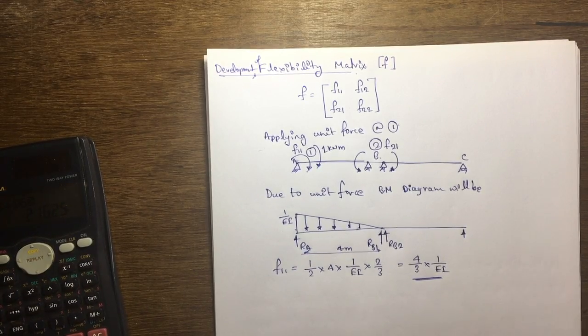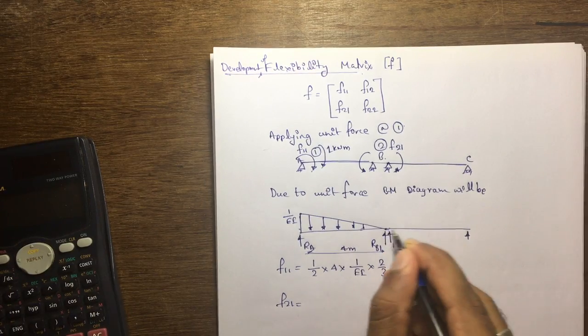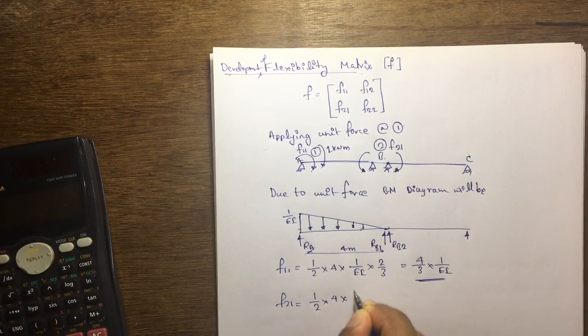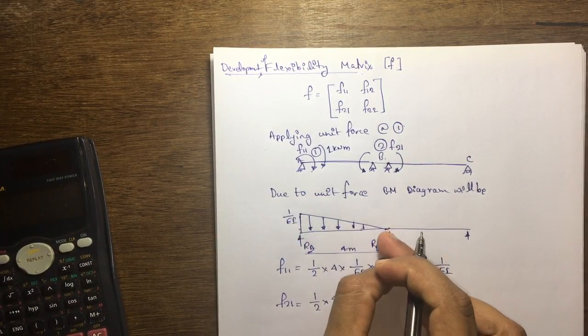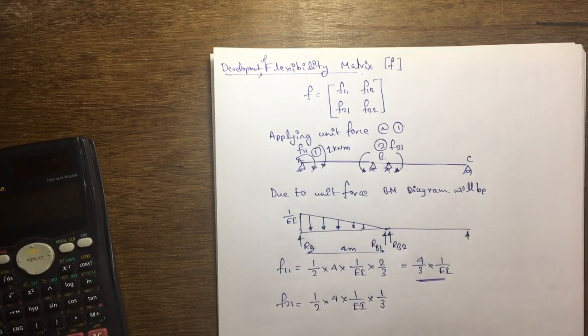At the same time, F21 is equal to, if I want to find this value, obviously it will become 0, RB1 plus RB2. If I want to find RB2, first I have to find the area, half into base into height, into this distance, that is 1/3, plus RB2 is 0.